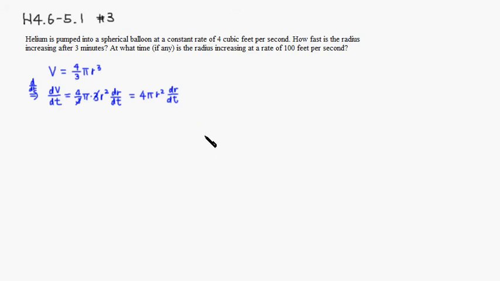Since we're looking for how fast the radius is increasing, we're looking for dr over dt. So I'm going to solve for dr over dt.